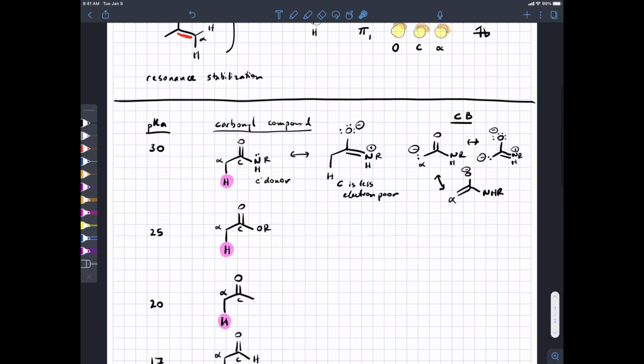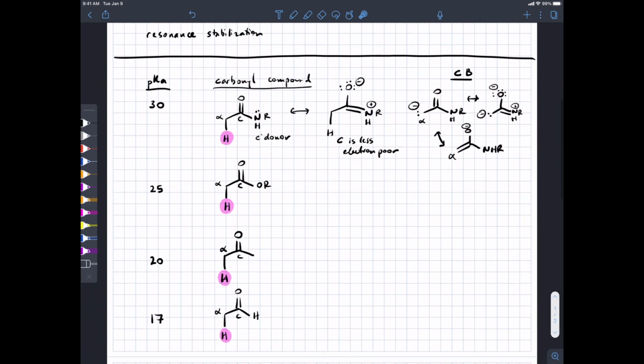Okay, so with that in mind, then why is the ester 100,000 times more acidic than the amide? And the reason has to do with, again, the viability of an alternative resonance structure.